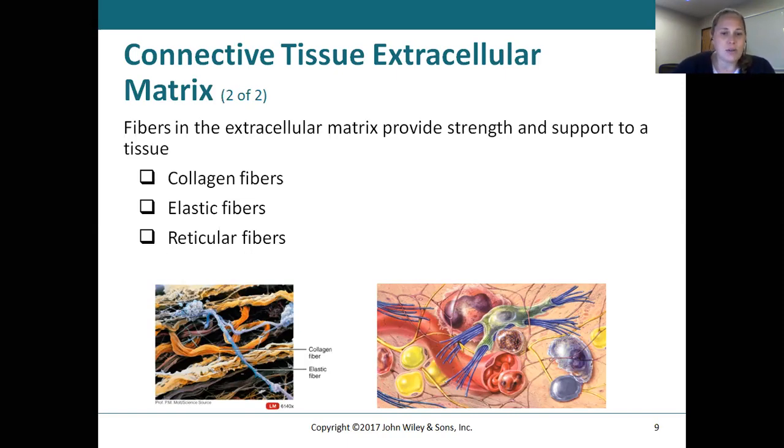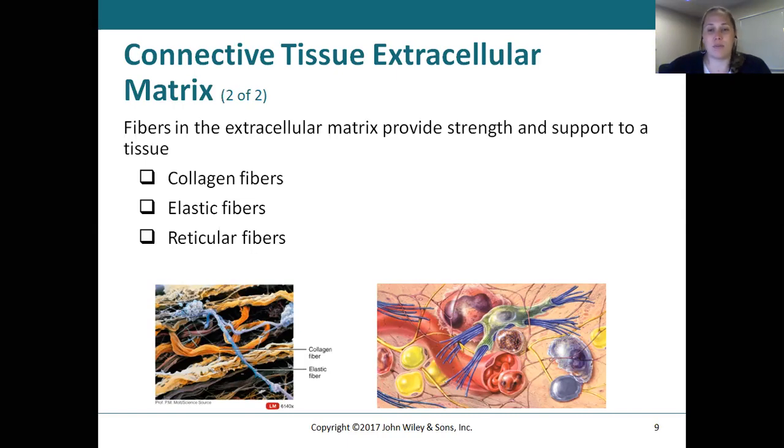And lastly, what you can see here is a reticular fiber. Those are also going to be a support network for things like the lymph and the spleen. They also comprise the basement membrane. If we think about the lecture you just watched for part 1, you had your apical and your basal epithelial tissue cells, and then underneath there you had the basement membrane.